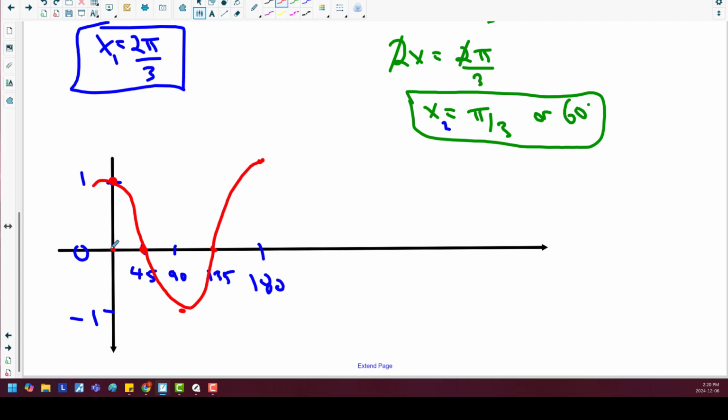But we have to graph from 0 to 360 or 2 pi. So we need to keep going.